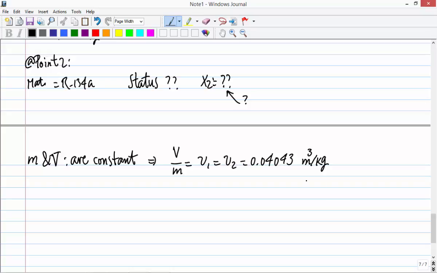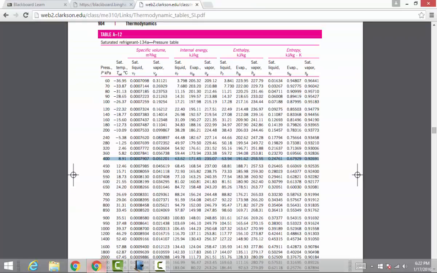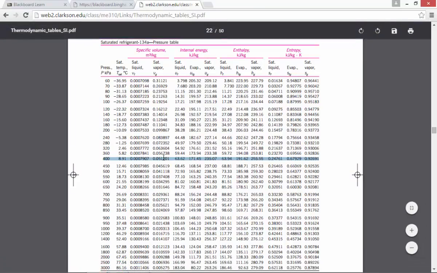Okay? Now I have the specific volume, right? Now I need to judge. I need to check, with this specific volume, where am I on this table? Am I somewhere in between these two values?